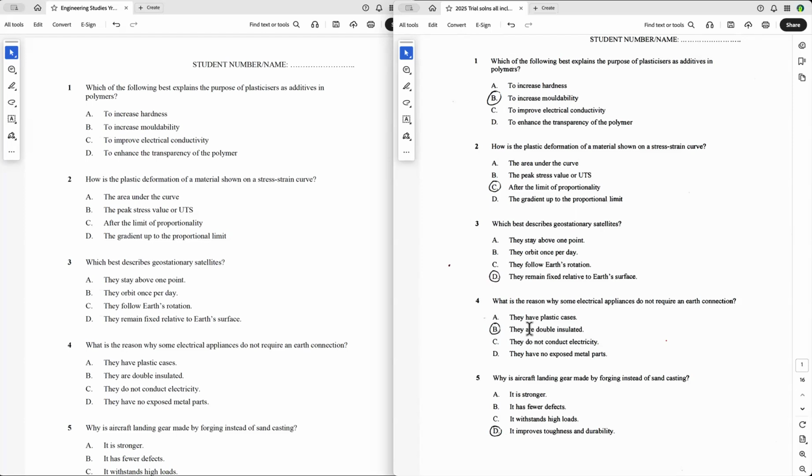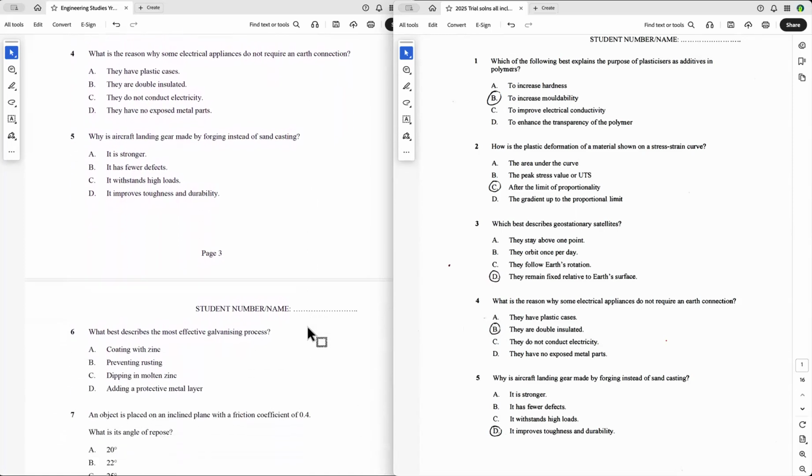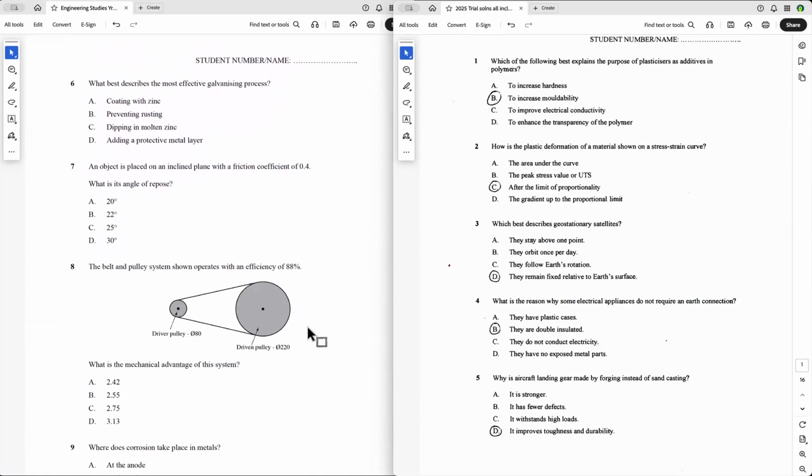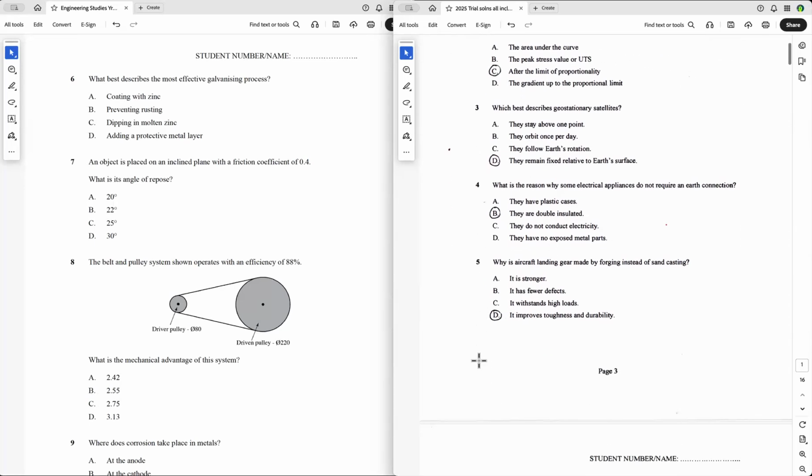Landing gear has to be tough because it takes impact loading all the time. So D is the correct answer there. Improves toughness and durability. In fact, nothing on an aircraft is sand casted.